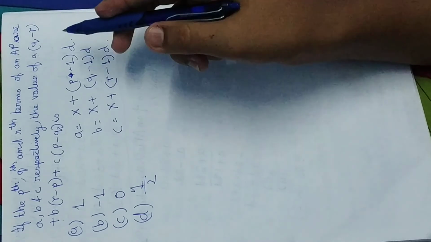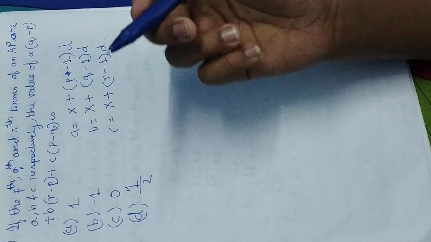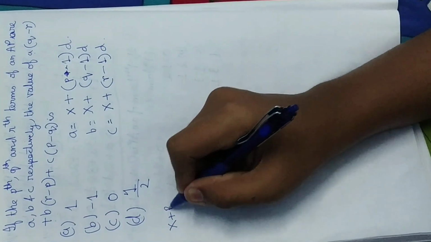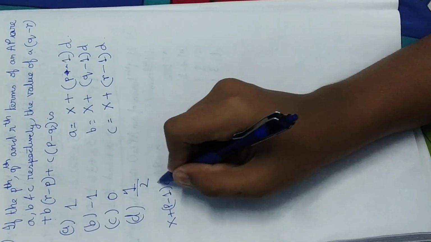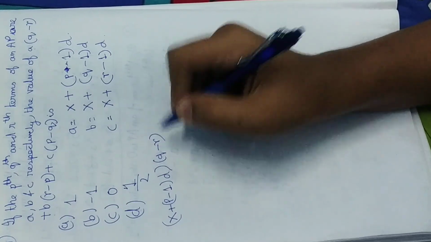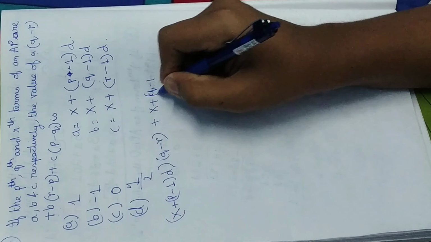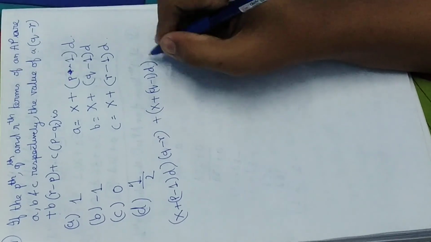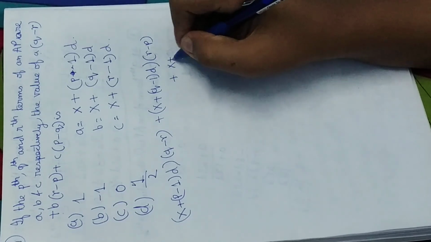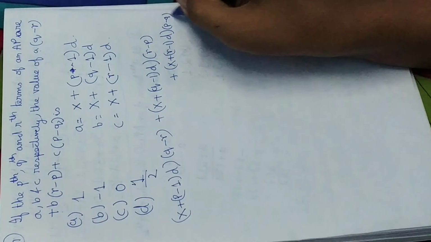Now, in this statement, we will put these values. It comes x plus (p minus 1) into d, whole into (q minus r), plus (x plus (q minus 1) into d), whole into (r minus p), and the last thing is (x plus (r minus 1) into d), whole into (p minus q).